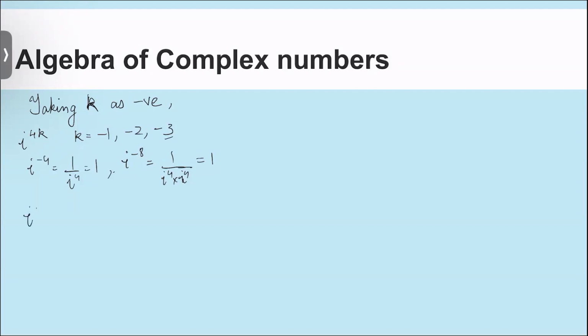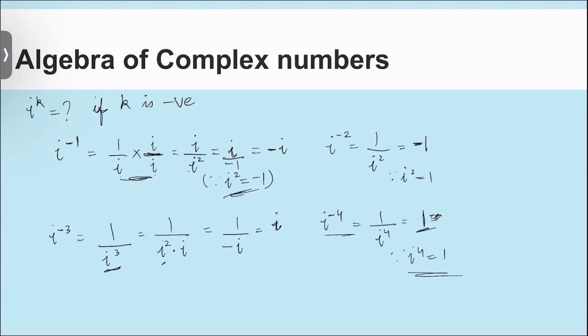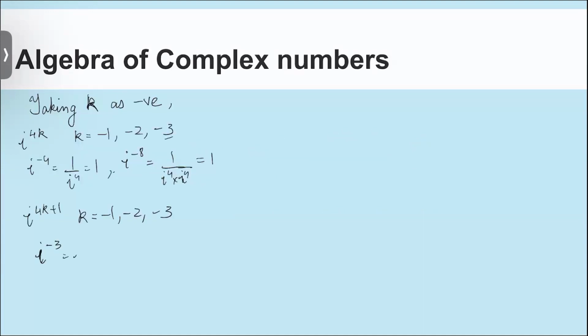And then let's try 4k plus 1, where k is equal to -1, -2, -3. So -4 plus 1 gives you -3. We have already seen i raised to -3 is i.